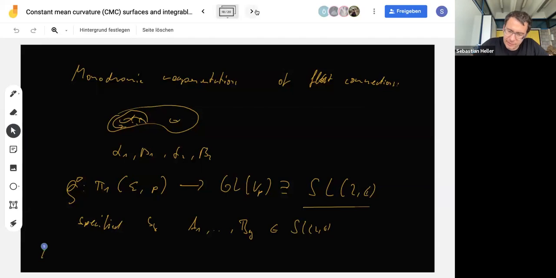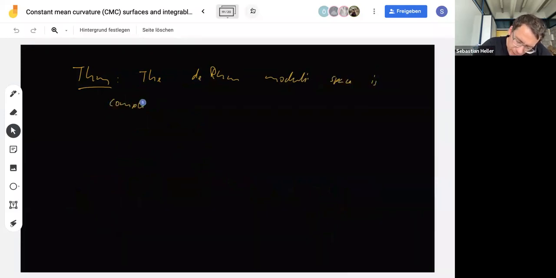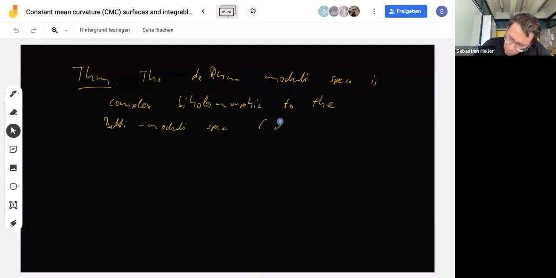So maybe the last theorem for today. The Riemann moduli space is complex biholomorphic to the so-called Betti moduli space, and this is via monodromy.